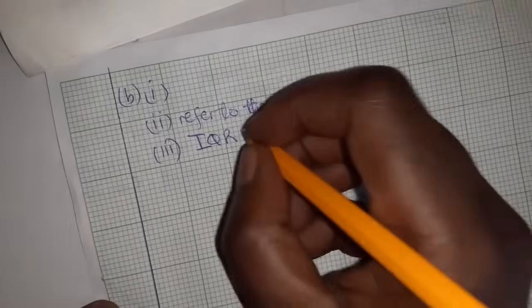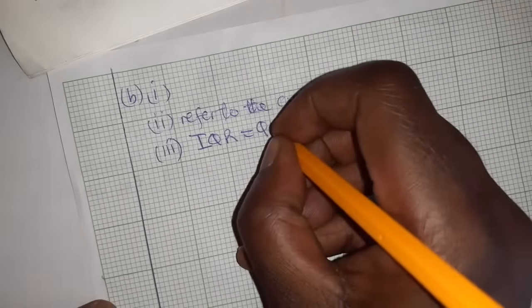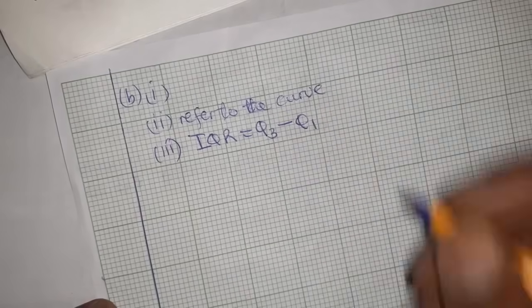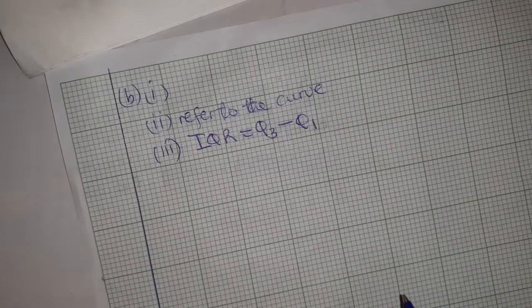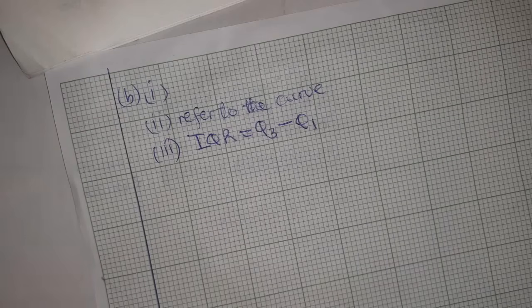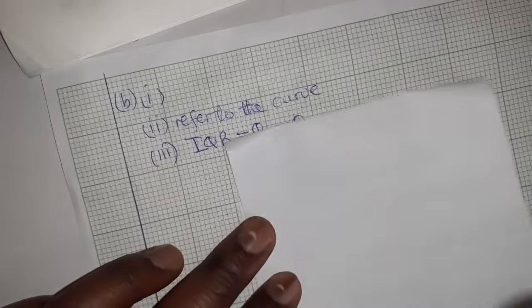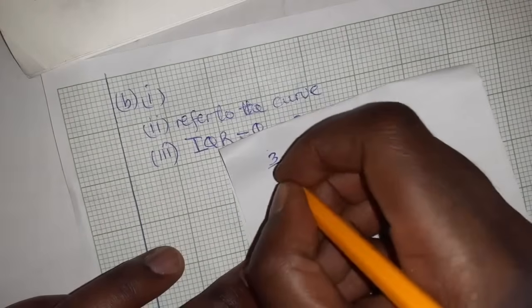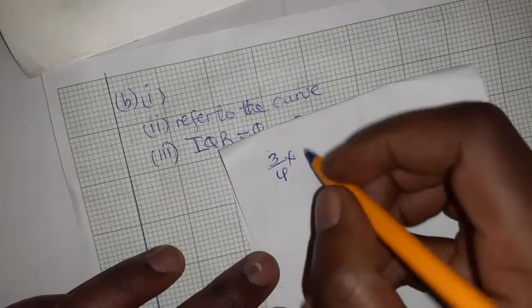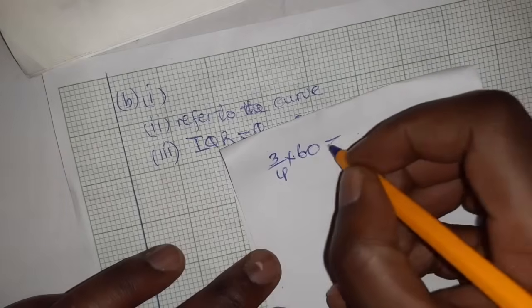So interquartile range is equal to the upper quartile minus the lower quartile. What do we do here? The upper quartile, we always say it's 3 over 4 multiplied by the total number of learners. The total number of learners were 60.